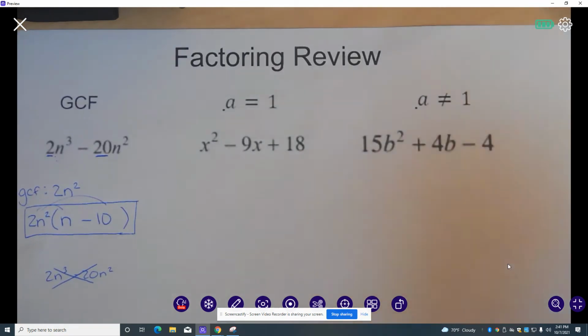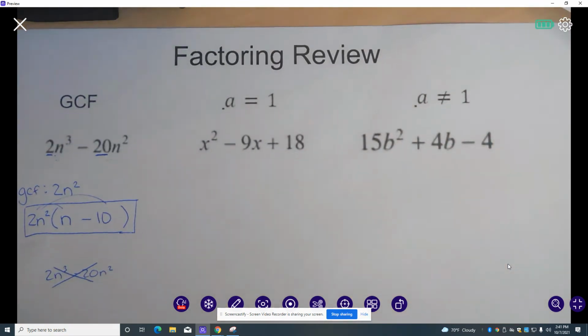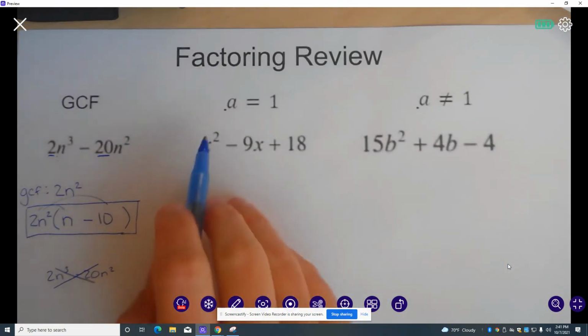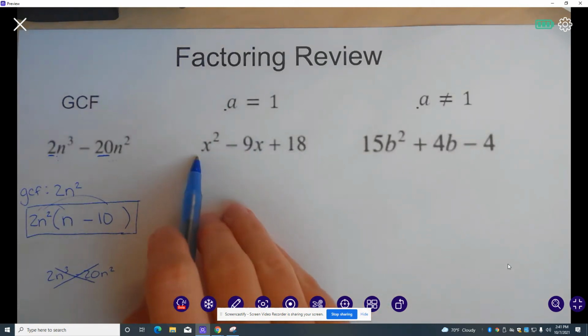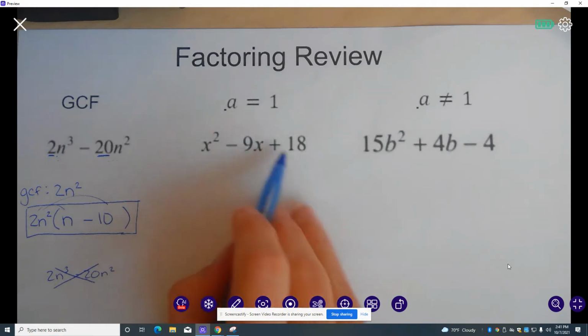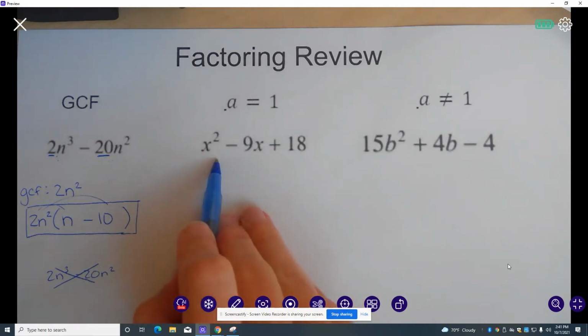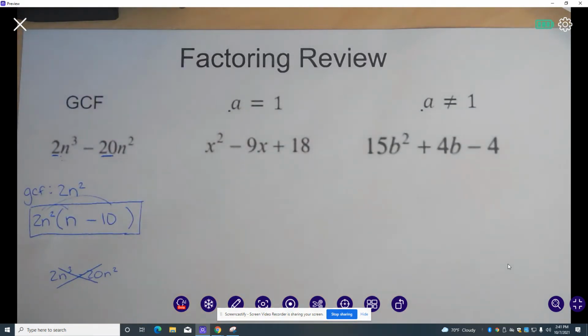All right, so we're going to keep working through our factoring here. If I look at this expression, there is no greatest common factor of these three terms other than 1. And so in Algebra 1, you worked on factoring using what might sound familiar. It's called the X-box method.